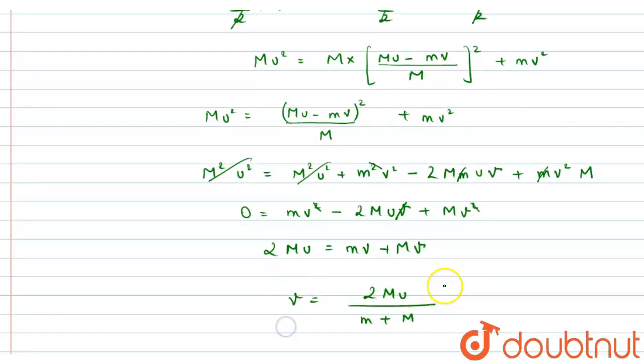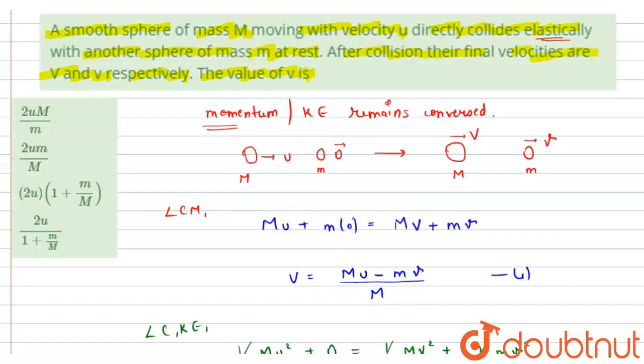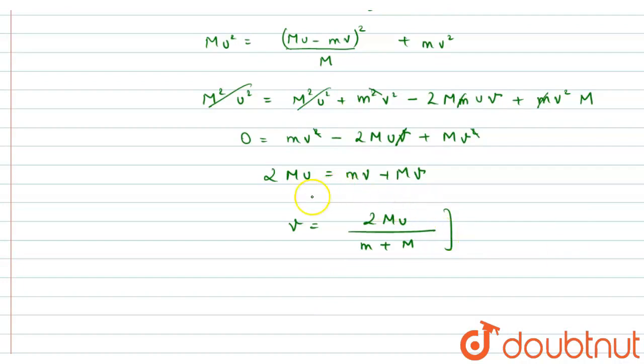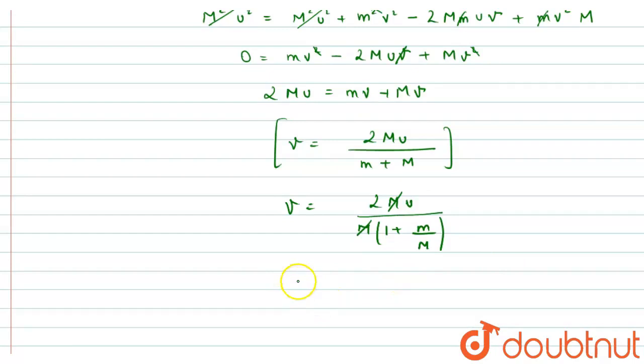So this is the answer here. Now from the given options, we have to make some alteration. We can take capital M common from the denominator, and we will be left with 1 plus m over M. So we can cancel out M, and we will find the value of v equals 2u divided by (1 plus m over M).